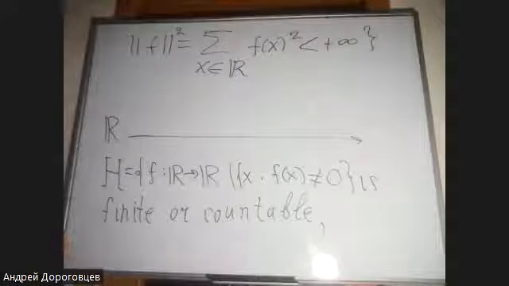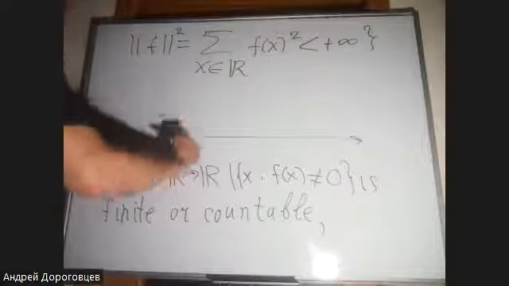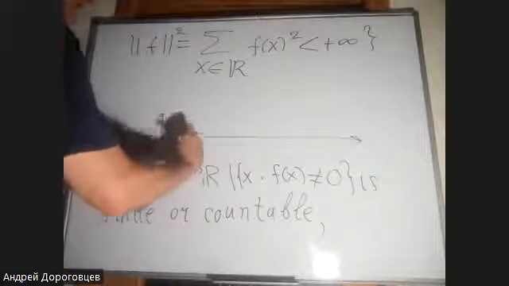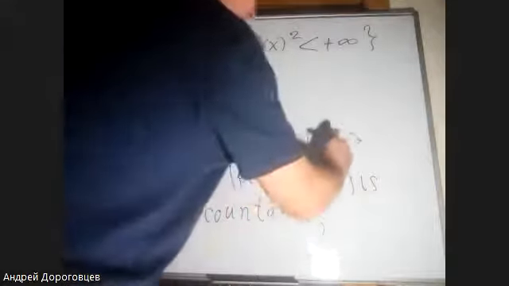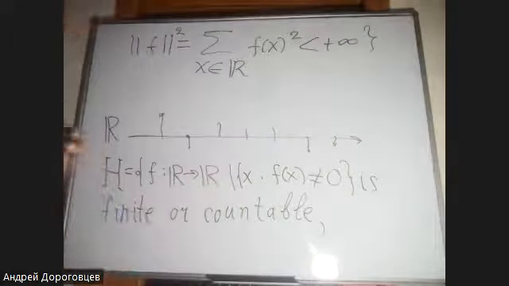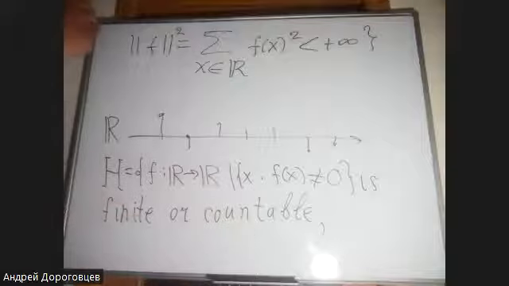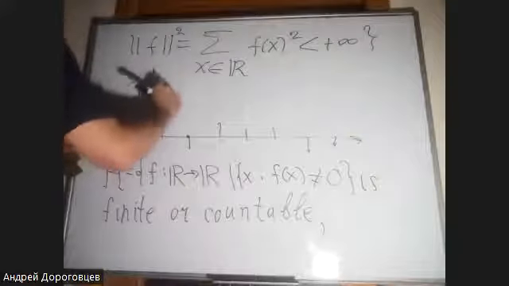Then one can imagine the elements of H like this one. Somewhere here we have some value, somewhere here, and so on. So we have just a countable number of points where f is not equal to 0. We have such a condition, and one can define an inner product.